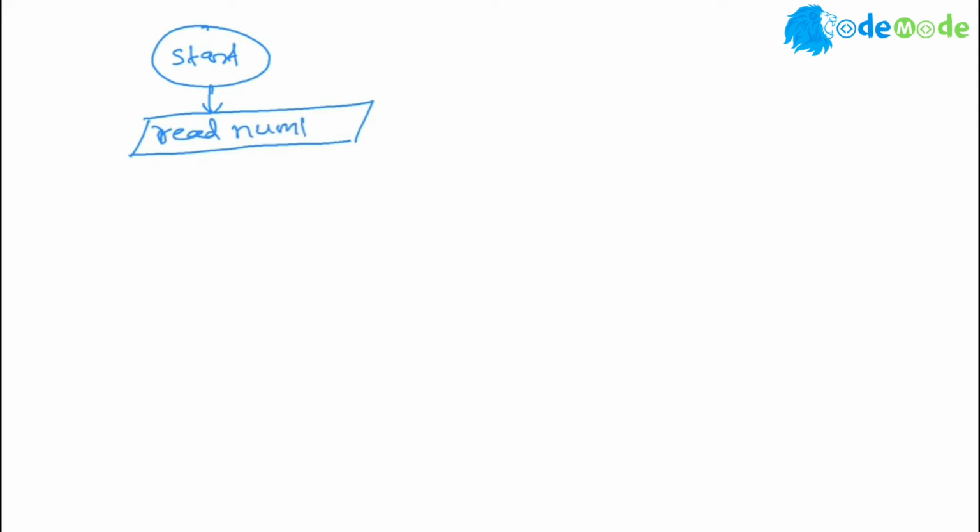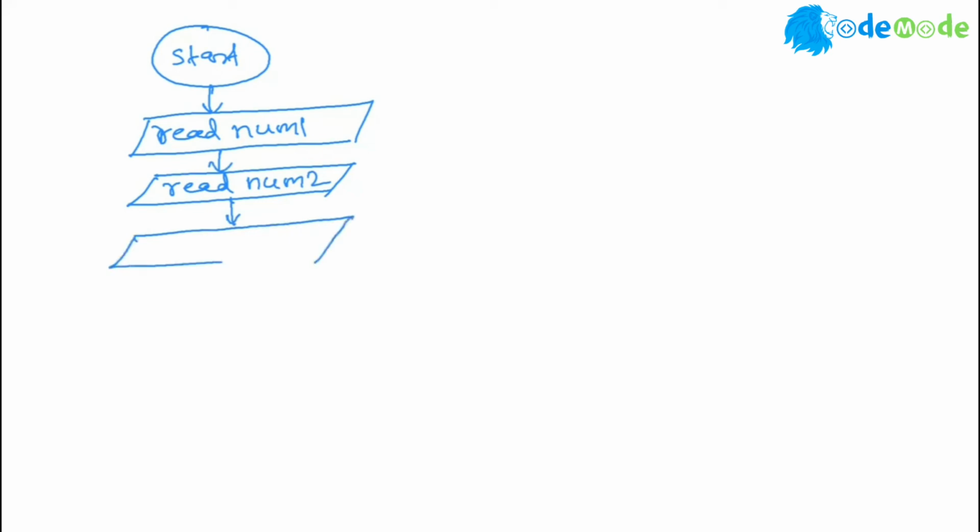I could take all 3 inputs comma separated, but I'm going to keep them separate. Then read num2. The name num2 is just a name; I can put anything, like number 2 or n1, n2. Then read num3. So now I have all 3 numbers.